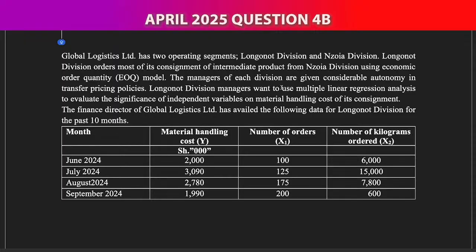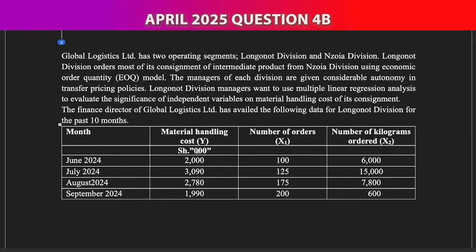Longonot division managers want to use multiple linear regression analysis to evaluate the significance of the independent variables on material handling cost of its consignments. And the finance director of Global Logistics has availed the following data for Longonot Limited for the past 10 months. You have your month, your material handling cost is Y, number of orders is X1, number of kilograms is X2. The computer output is as follows.